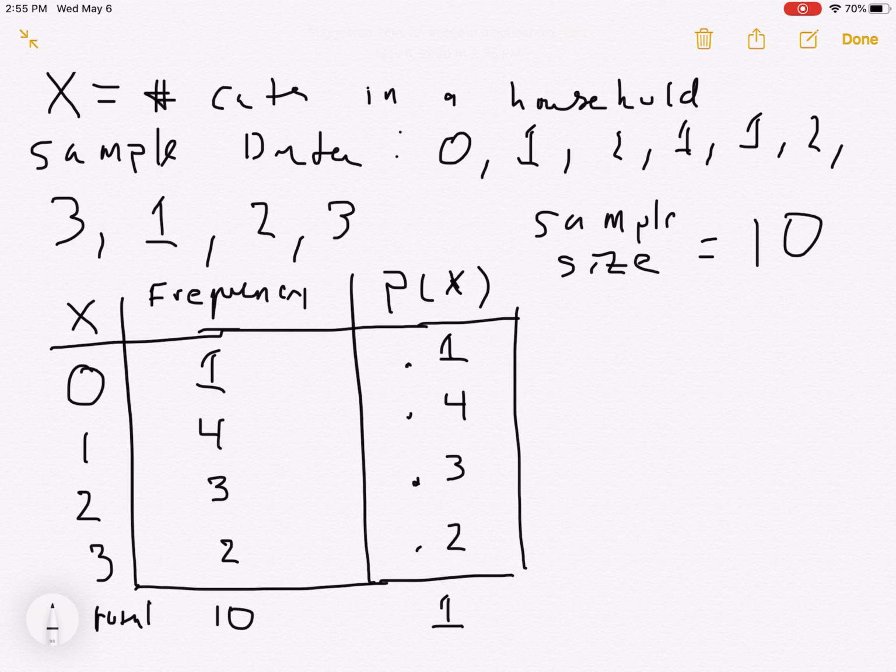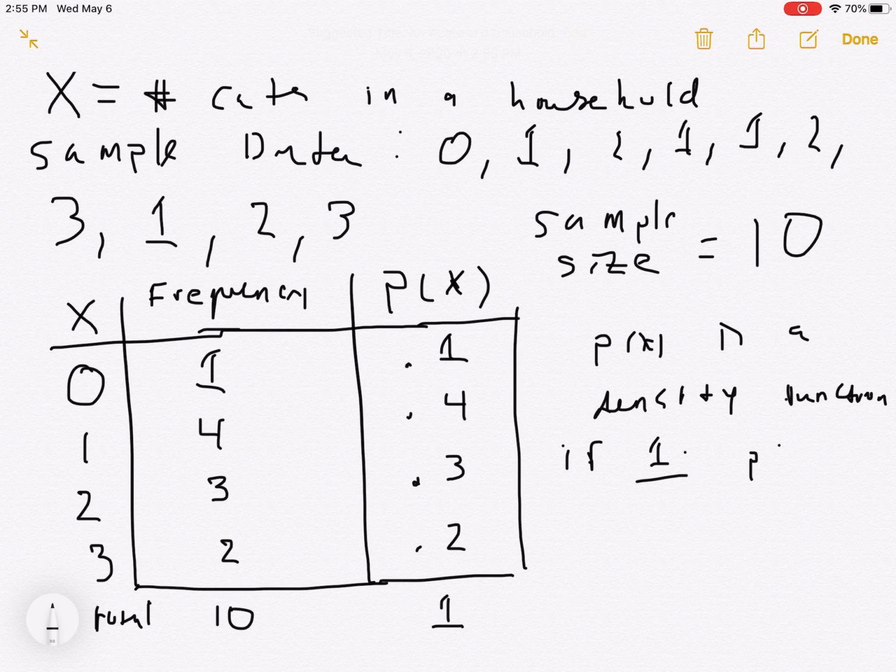Now, one other thing that I like to do here is I'd like to note two things. So, P of X is a density function if it meets two criteria. One is that the probabilities are greater than 0, less than 1.